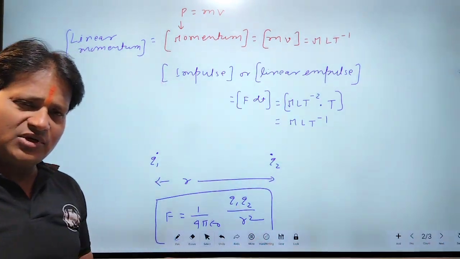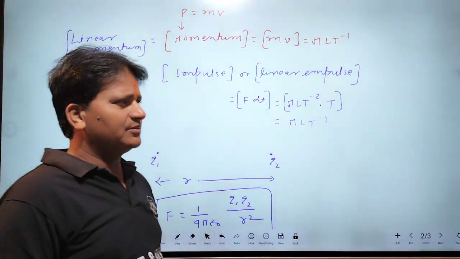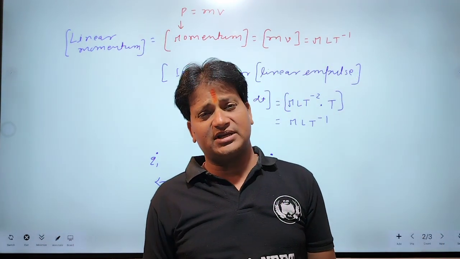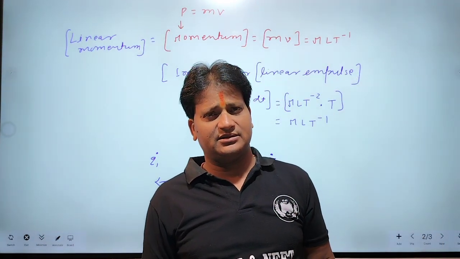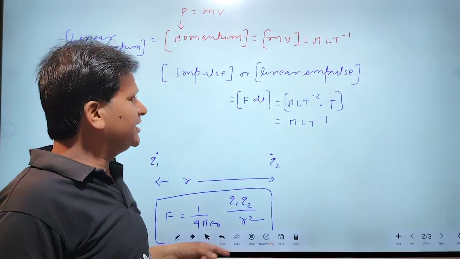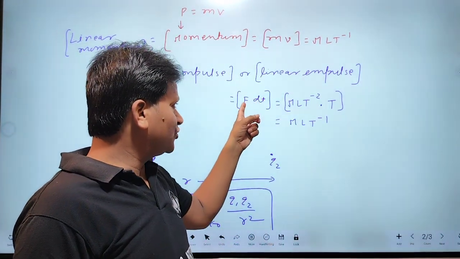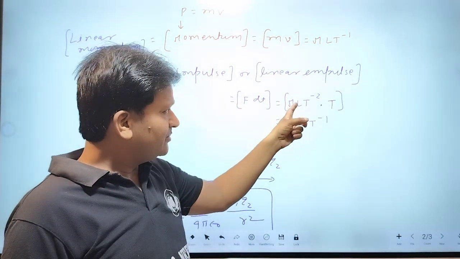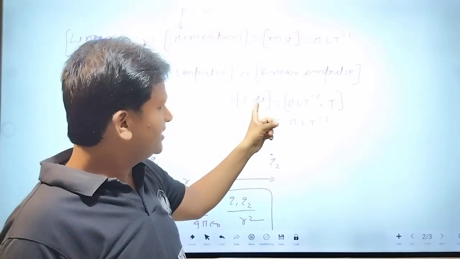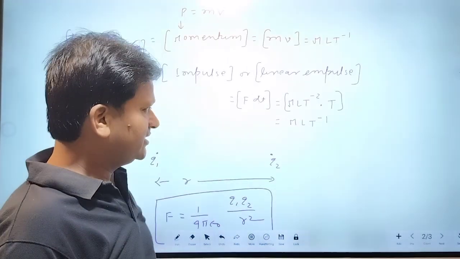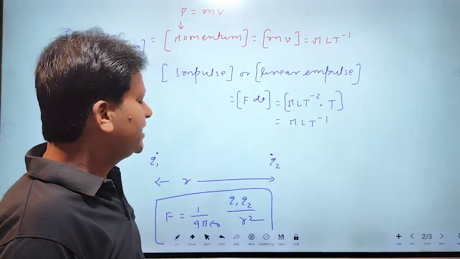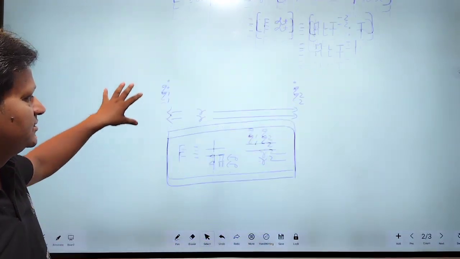Time minus time will be equal to time. As for example, 5 seconds minus 2 seconds is equal to 3 seconds. Therefore, dt is time. Force has dimension MLT minus 2, and time has dimension capital T. Therefore, dimension of impulse will be equal to MLT minus 1.